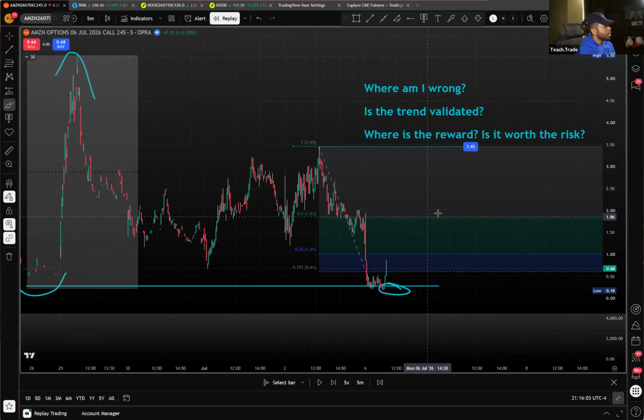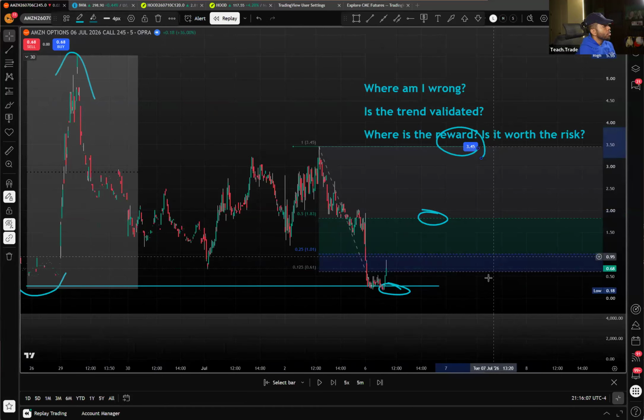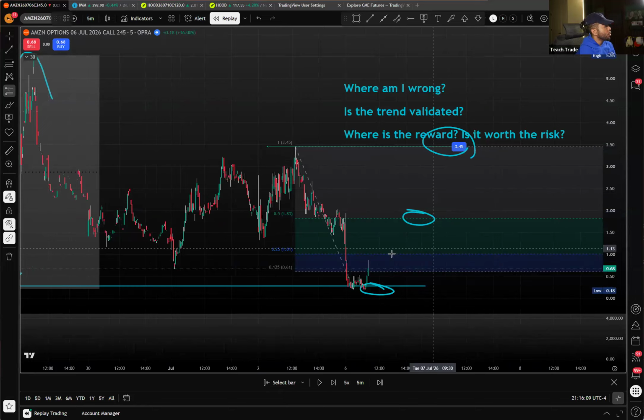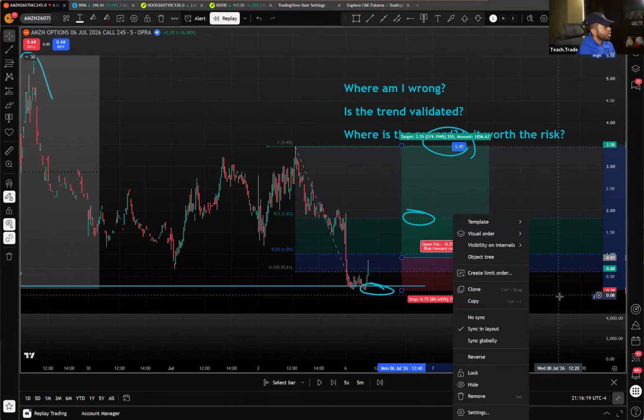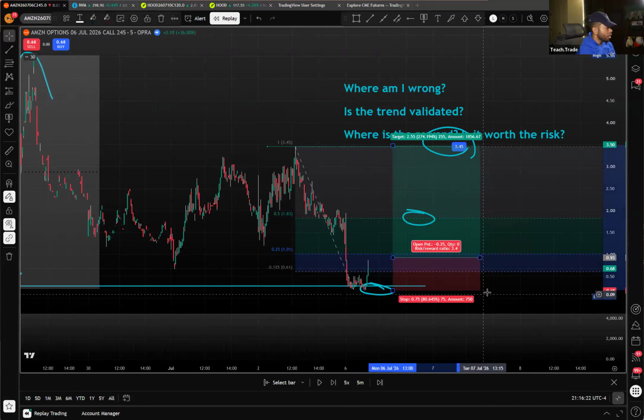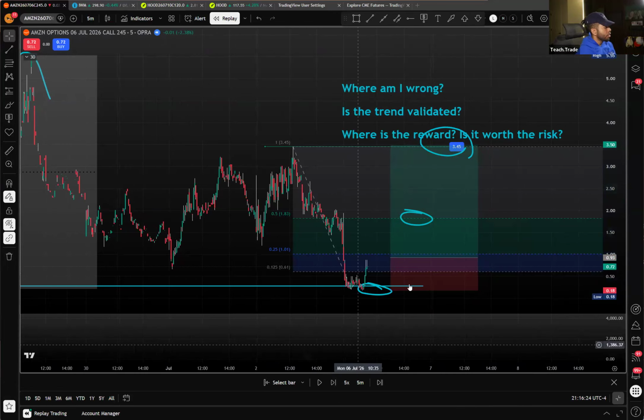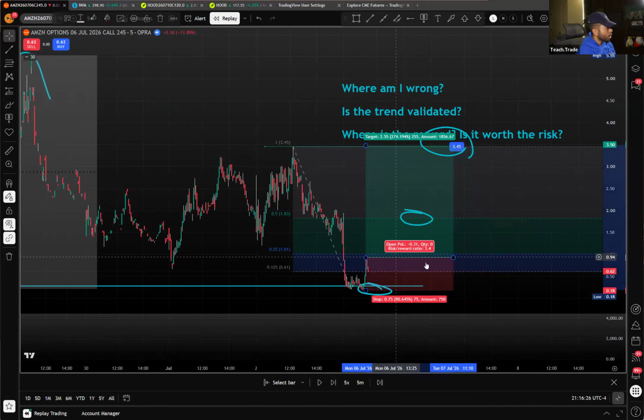Well, my targets are going to be here at $1.83 and 345. That would be absolutely beautiful. So then I can outline this trade opportunity simply like this, where there's the target there, or I'm going to shoot for the moon here instead, to contrast what we did there with Robinhood.